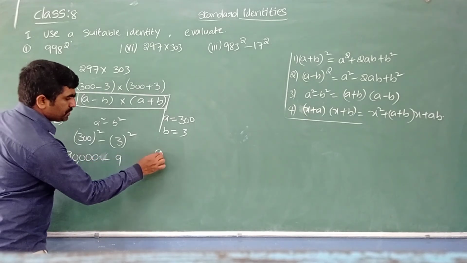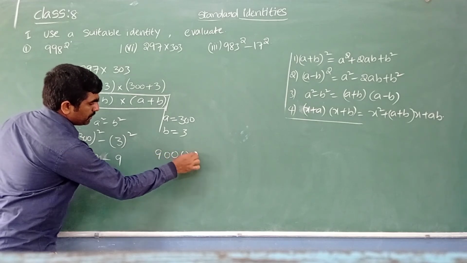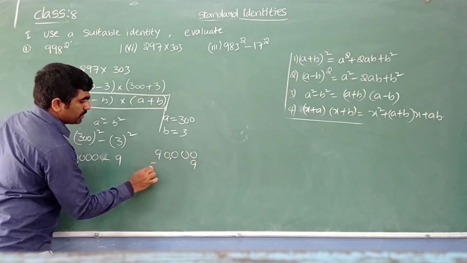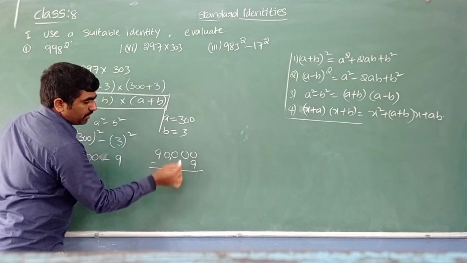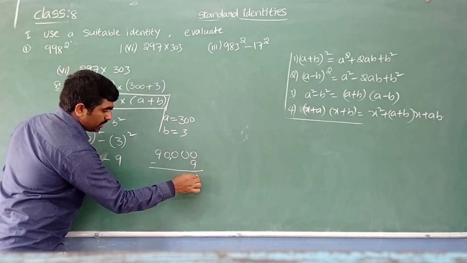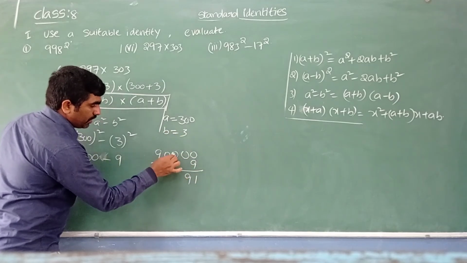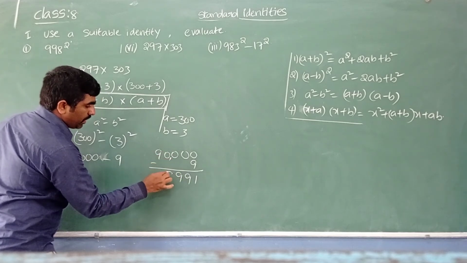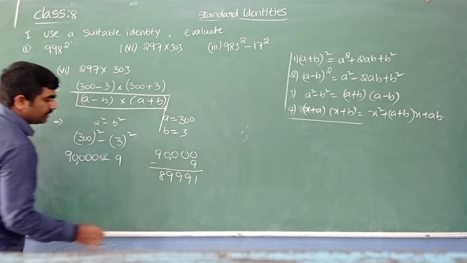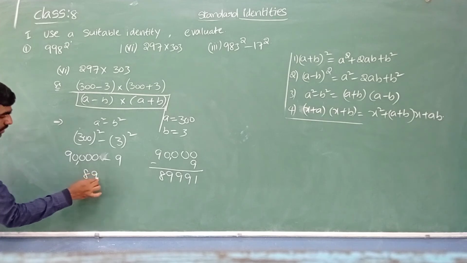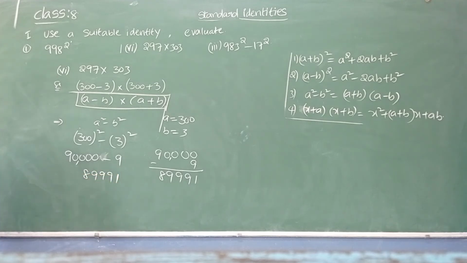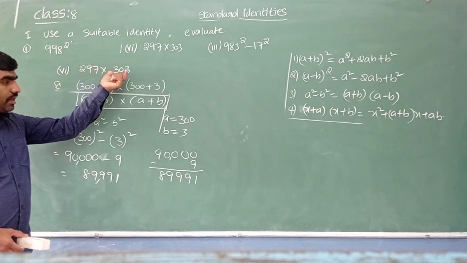Just subtract these both. 90,000 minus 9. 10 minus 9 is 1. Here 9, here 9, here 9, here 8. So 9, 9, 1 gives 89,991.